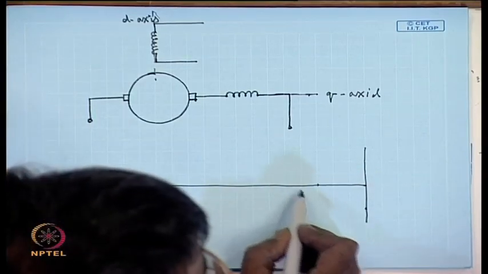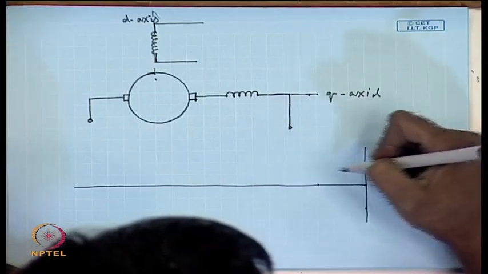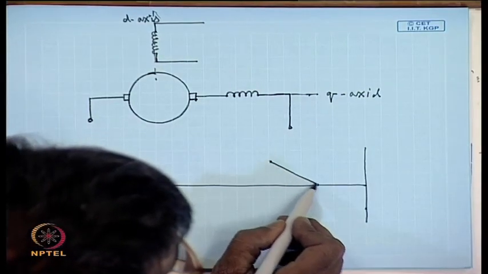This was the uncompensated armature ampere turns.